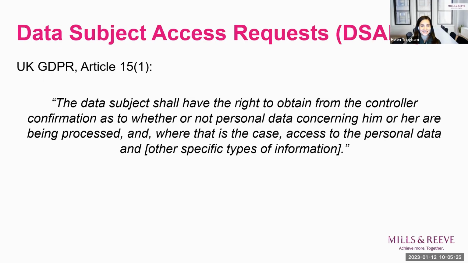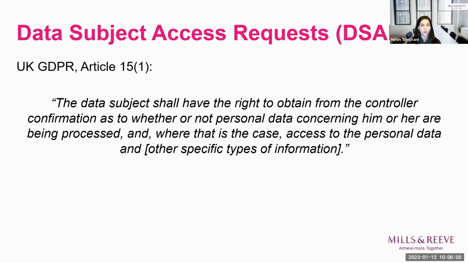Next slide, please. So data subjects have multiple rights under the UK GDPR, and the most significant is often the right of the data subject to access their personal data. So what is the dreaded subject access request? Well, under Article 15 of the UK GDPR, which is set out on the slide, a data subject, for example, an employee, has a right to obtain from a data controller, first, confirmation that their personal data is being processed by your organisation.